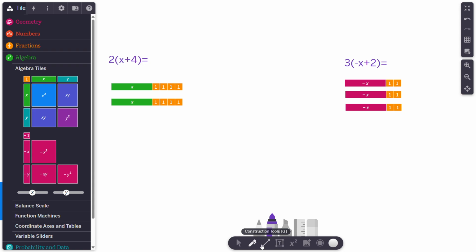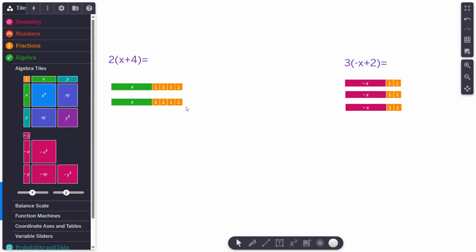For the first one here, what it's basically saying is you have two quantities of x plus 4. With the algebra tiles, I used an x because it's positive, and plus 4 because that's also positive. 2, 3, 4, so that's x plus 4, and that's x plus 4.